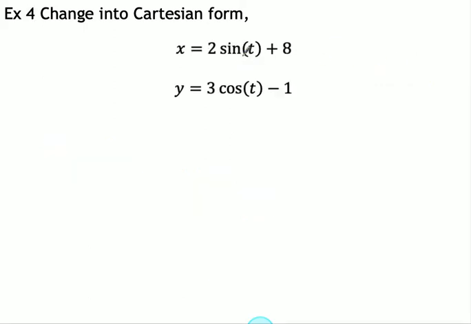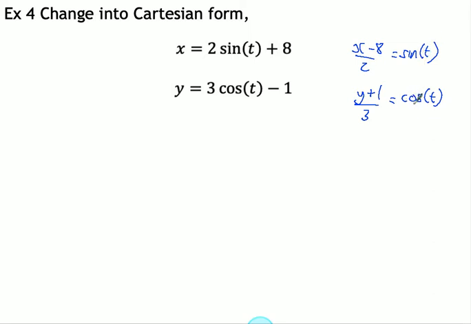Okay, what about this time? So, step 1, let's make the trig functions the subject. Okay, so what do I know about sine and cos, or what identities do I know that contain sine and cos?